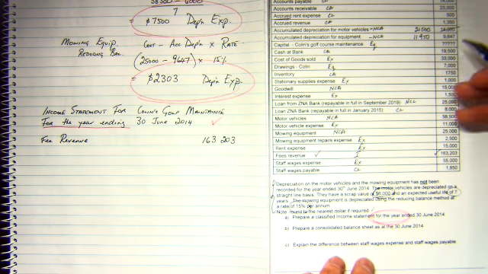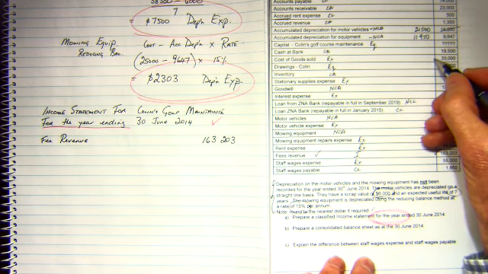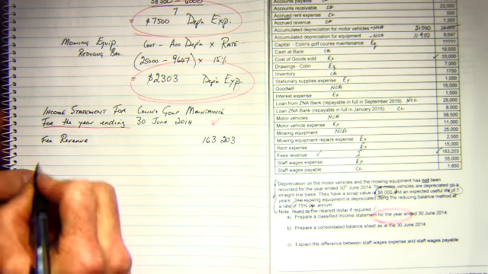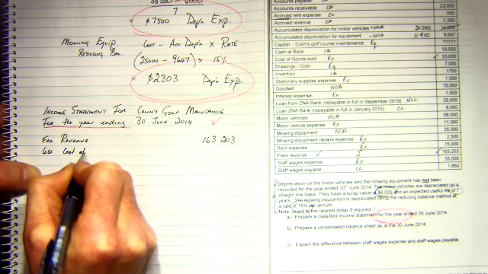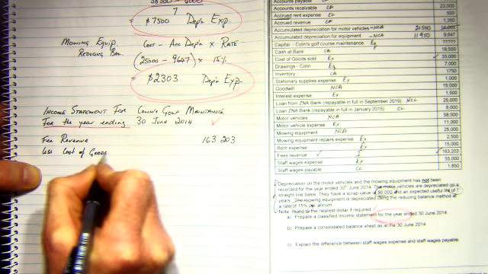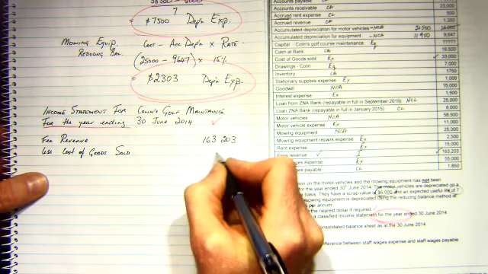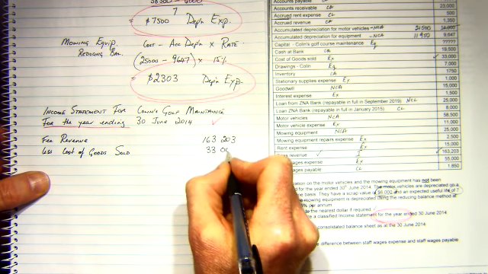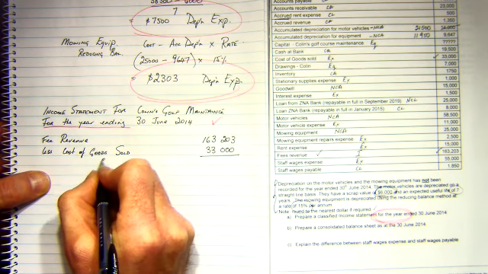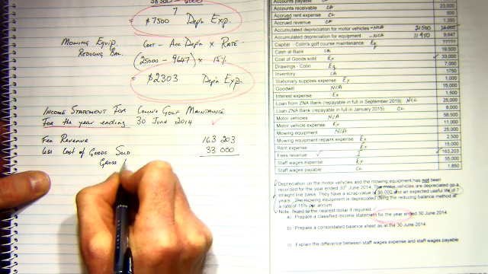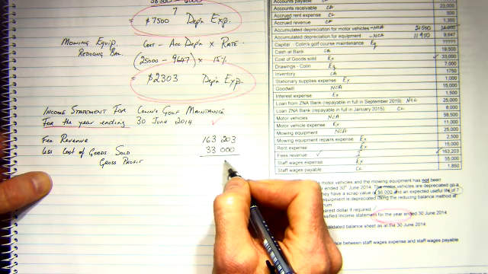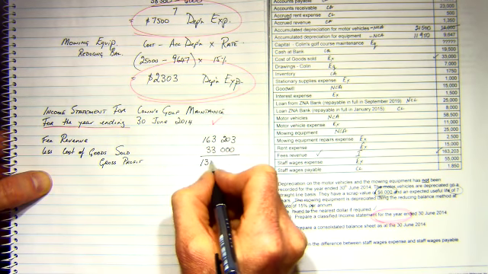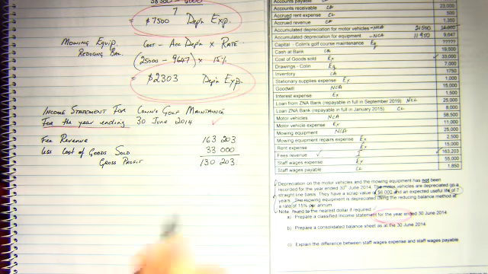We do. I'm just going to tick the numbers over this way because then I can see them better. I've got cost of goods sold here of 33,000. So my gross profit is 130,203.